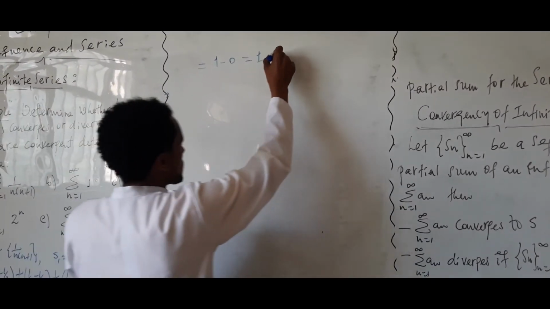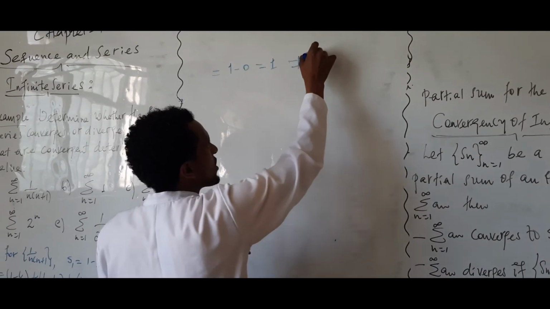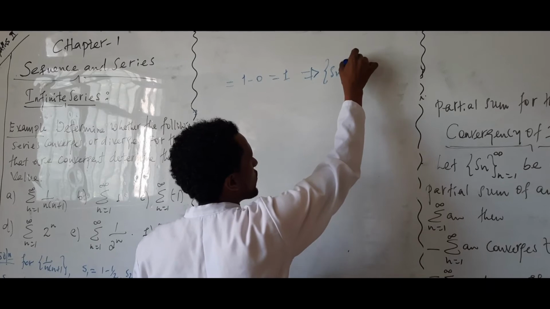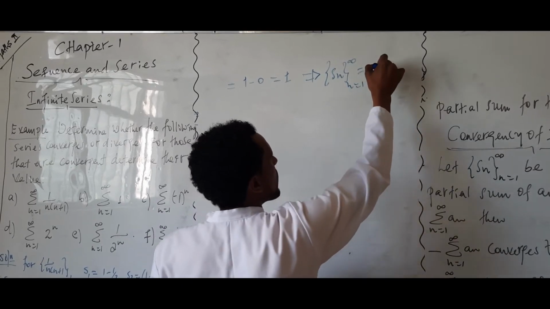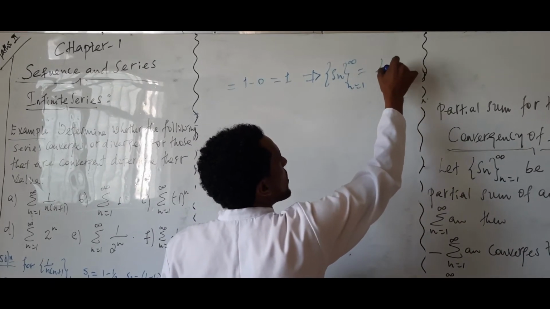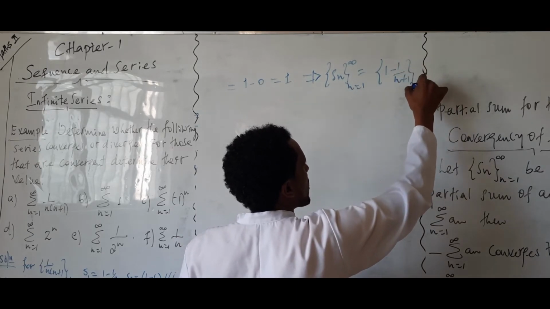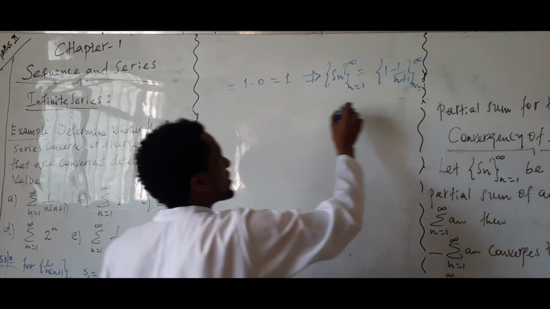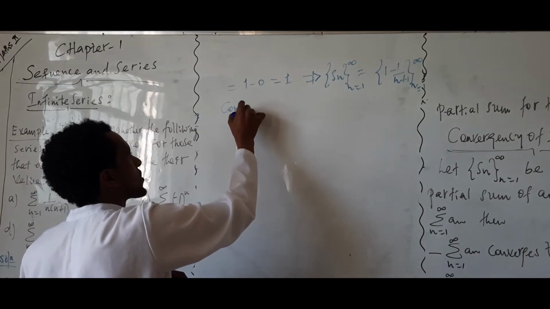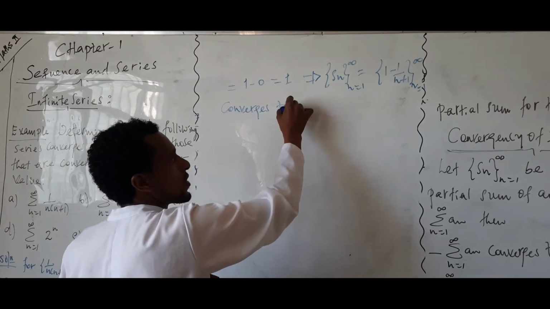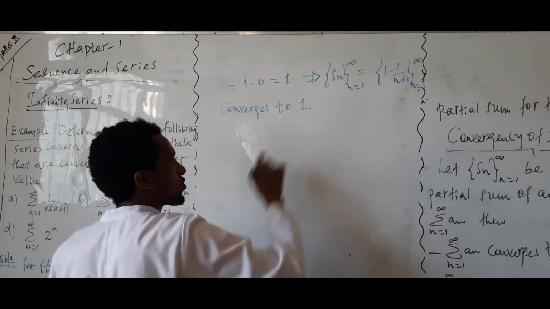This implies the sequence of partial sums Sn, 1 minus 1 over n plus 1 when n goes from 1 to infinity, converges to 1.